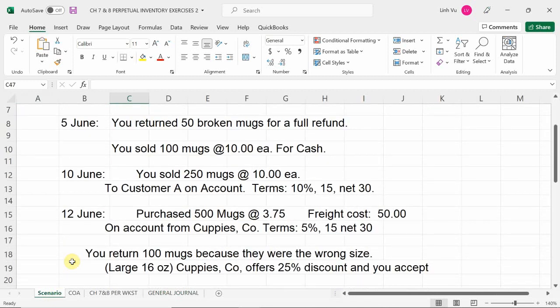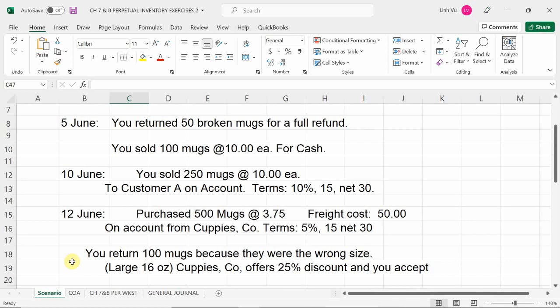Okay. June 10 rolls around and you end up selling an additional 250 units, mugs, at $10 each. But this time you sold it to customer A on an account. Terms are 10%, 15, net 30. So in this case, we sold to customer A. So therefore, customer A placed it on an account.